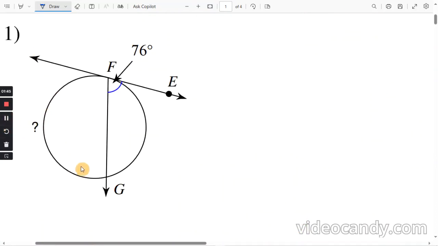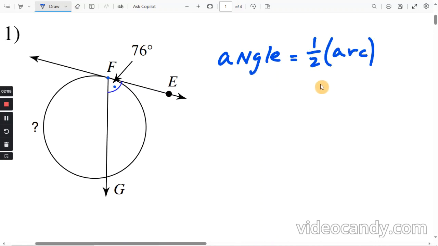All right, let's look at problem 1. We see the chord right here and the tangent right here. They intersect at point F. And we said the angle is going to equal half of the arc. So let's write that first. The angle is going to equal 1/2 times the arc.